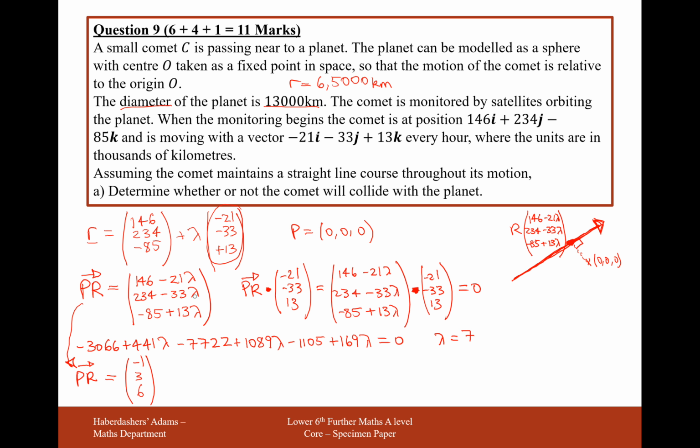So what we've done there is just replace lambda with a 7 value. The way we find the distance now is just to take the modulus of P to R, which is the square root of 1 squared plus 3 squared plus 6 squared.